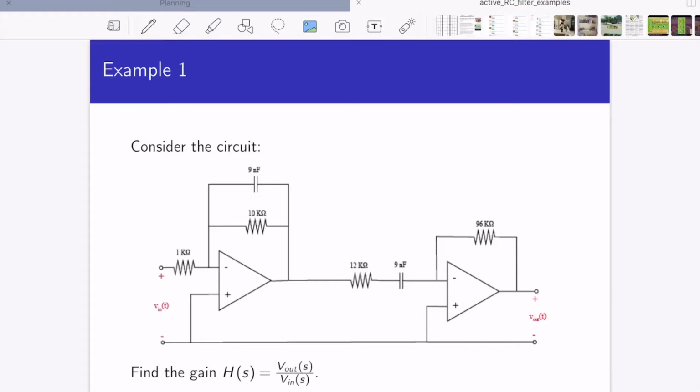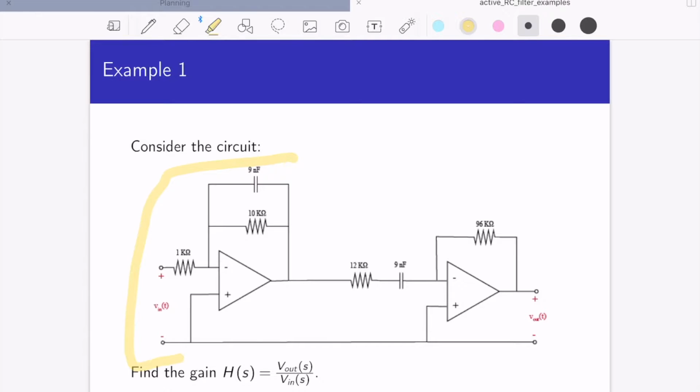So the first thing we'll do is look at the input half, going from this input, Vn of t, over to this point here, which I'm going to call V1, V1 of t, and later on it'll be V1 of s.